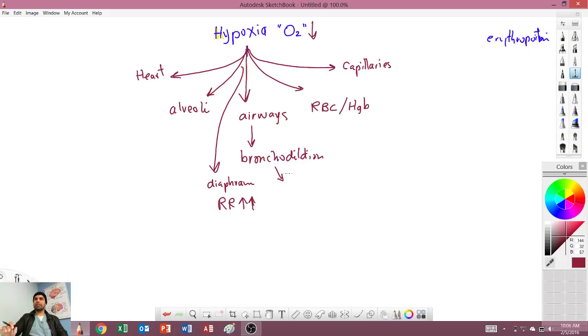Very good. It's extremely sensitive. Medulla oblongata is extremely sensitive to carbon dioxide tension in blood. So number one, you have hypoxia, medulla will get stimulated, and they will cause increased bronchodilation and increased respiratory rate. That's compensation for hypoxia.